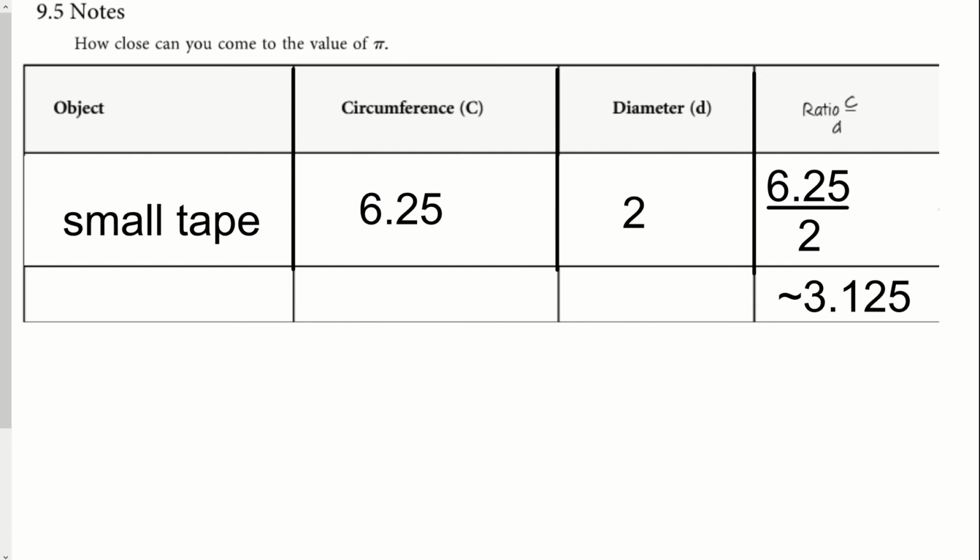If we round it to the nearest hundredth, we end up getting 3.13, which is really close to actual pi itself, 3.14159, which is pretty close. We can attribute the error there to human error whenever we measured the tape. Let's go ahead and try a different one.